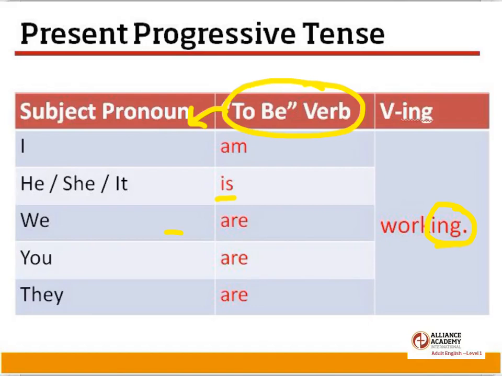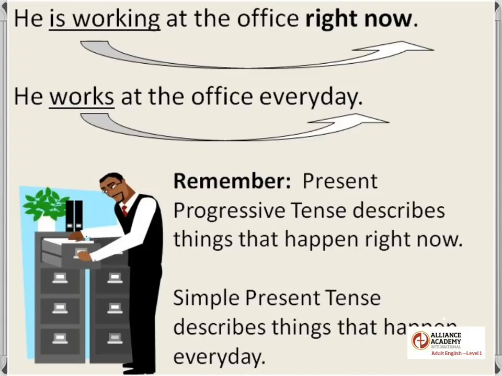We are, you are, and they are working. So present progressive tense, we need to remember the to be verb and also to put ing on the root verb. Let's look at some examples.